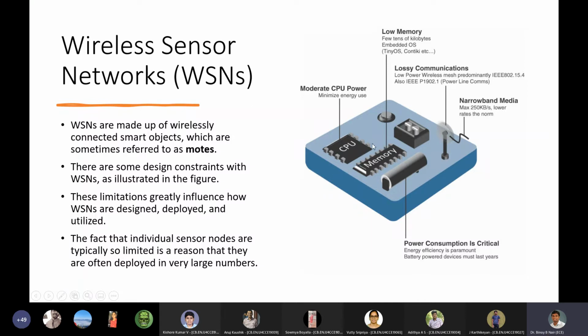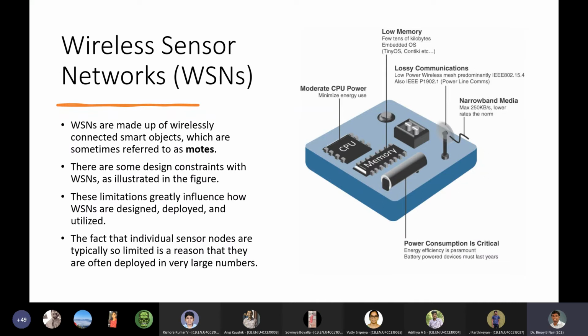The idea of developing a mote is all around minimizing the cost and minimizing the amount of computation that is required. You have to make motes as cheap as possible so that you can deploy them as widely as possible. So the overriding theme for a mote is low power consumption and low cost.